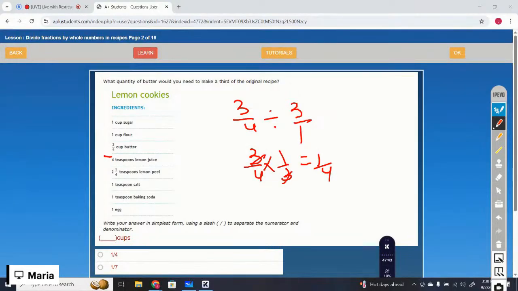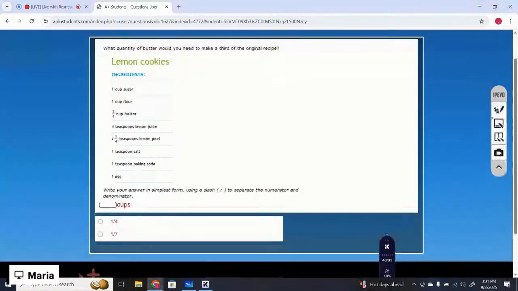We are left with 1 over 4. So the correct option is 1 over 4.